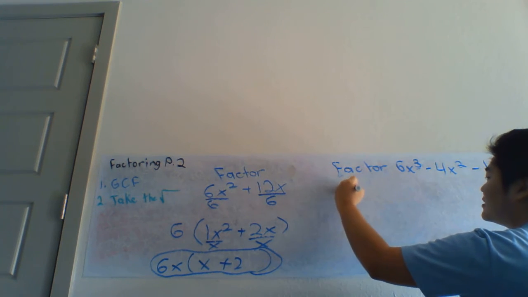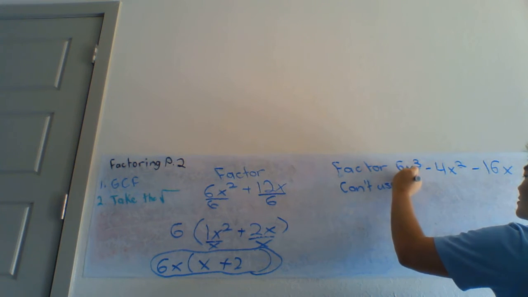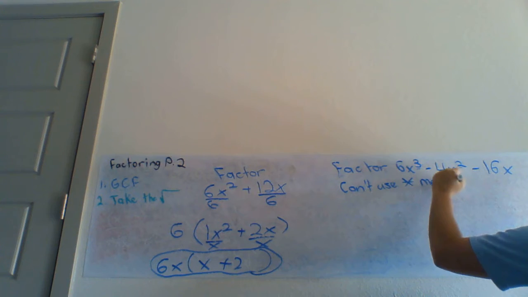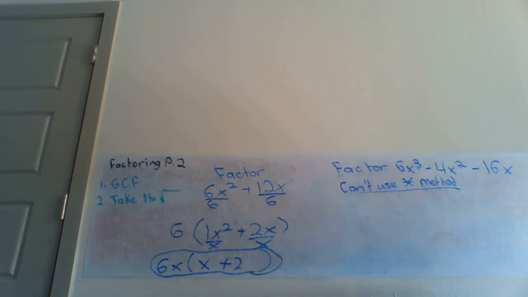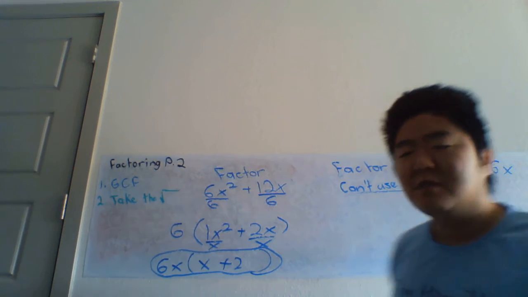So I'll even write that. Can't use asterisk method. So if we can't use the asterisk method, then maybe we'll have to factor by GCF, right?